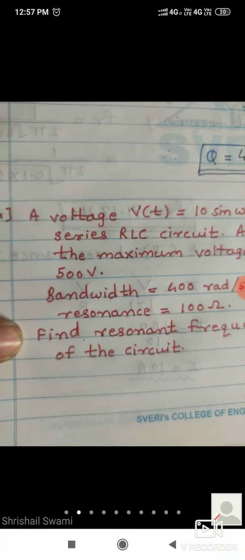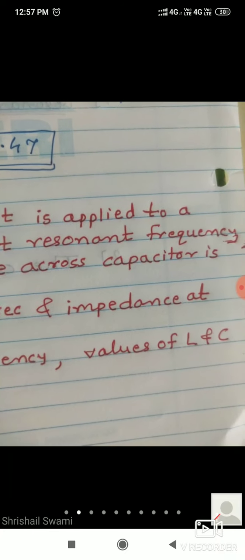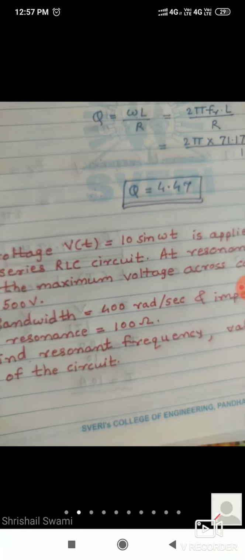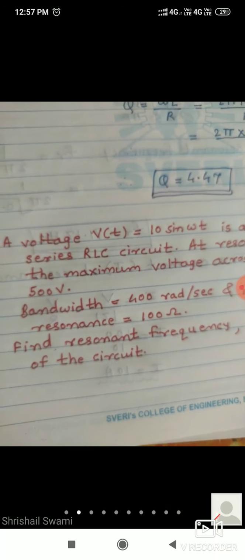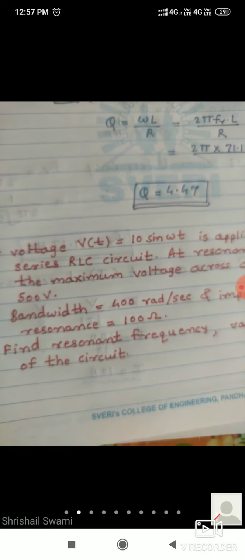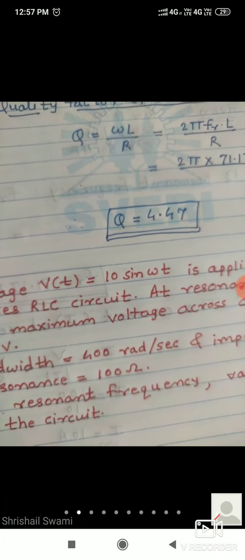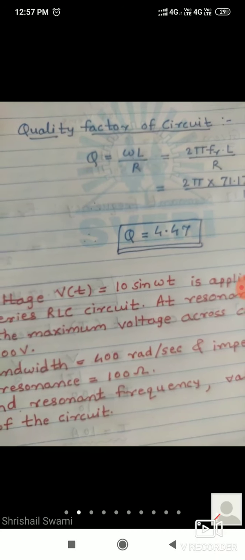What are the things you have to calculate? First of all, the resonance frequency. Then they are asking for the values of L and C in the circuit. You have to note down everything first, and then think how to find the parameters like the resonant frequency, because without L and C, how to find the resonant frequency? That you have to think.